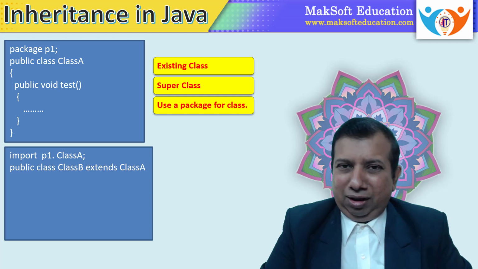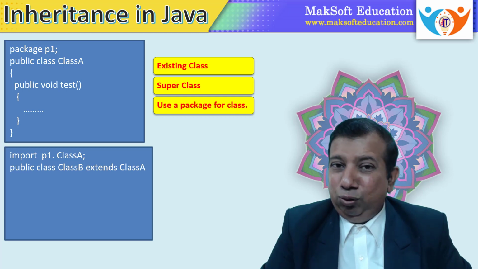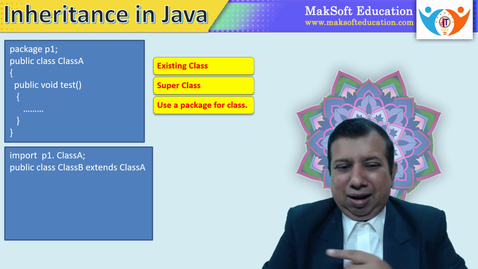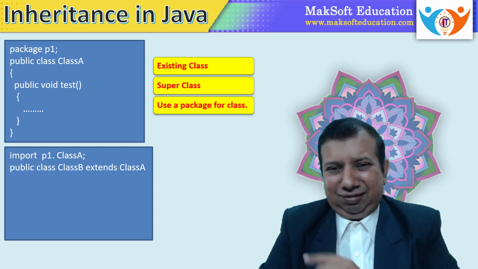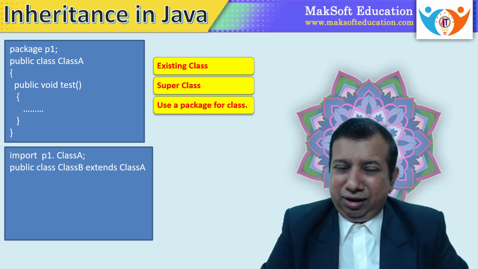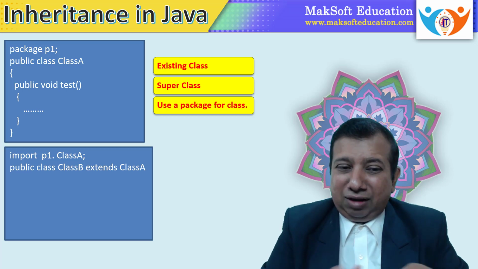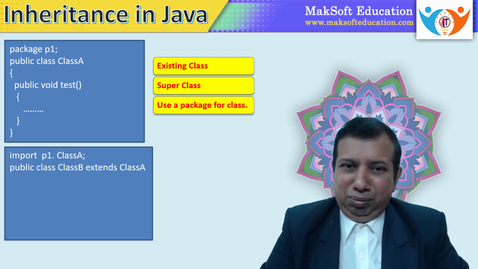To create a new class in Java, we have to use the keyword extends. You can see here class B extends class A. Class A is an existing class which is extended, and then class B will be created.